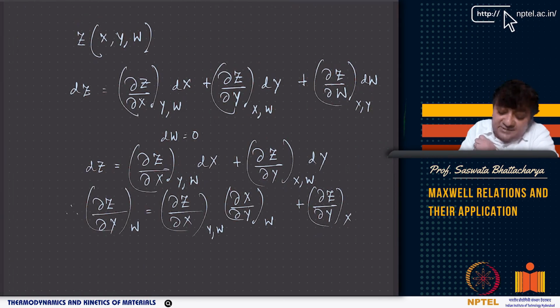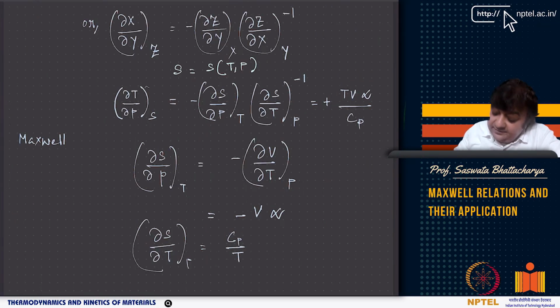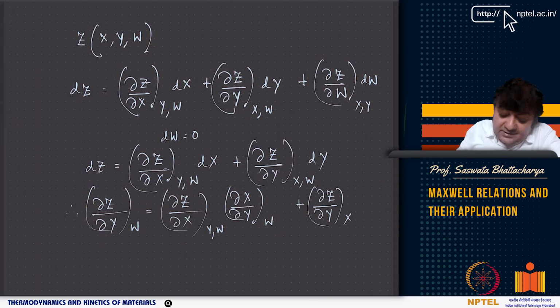Now, you can see that you have Cp by T, and another relation: if Z is a function of x, y and w, we can also write dz equals del Z del x at y comma w dx, plus del Z del y at x comma w dy, plus del Z del w at x comma y dw, and now we are saying dw equal to 0.